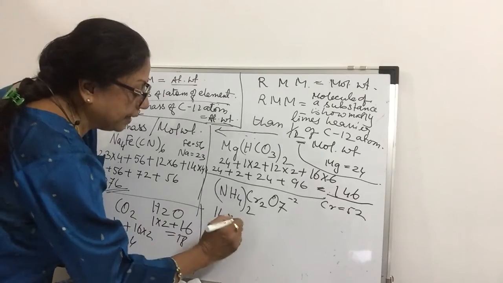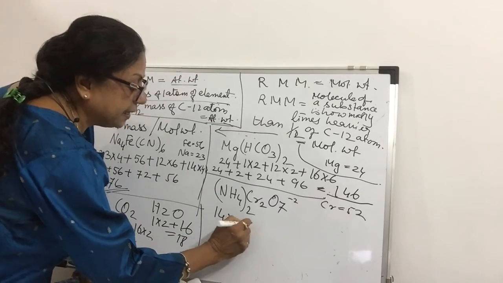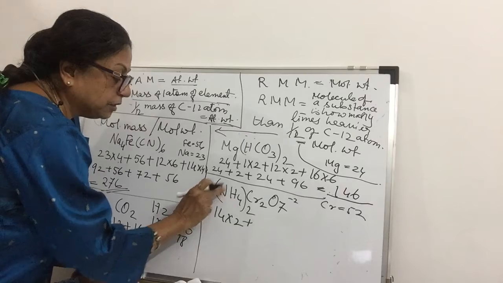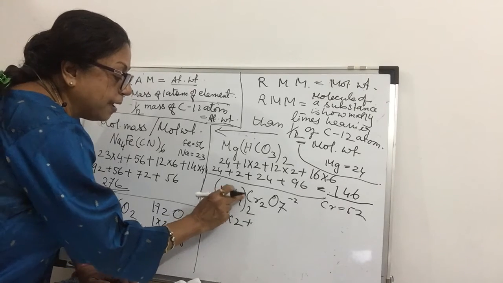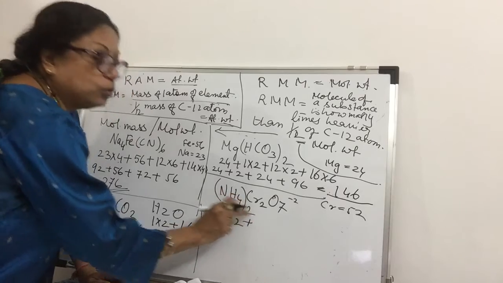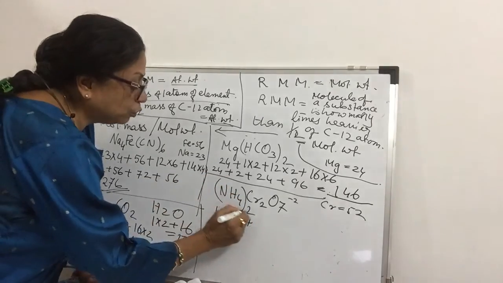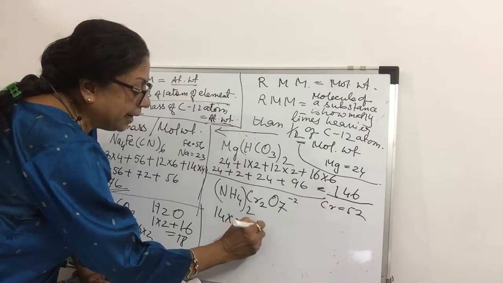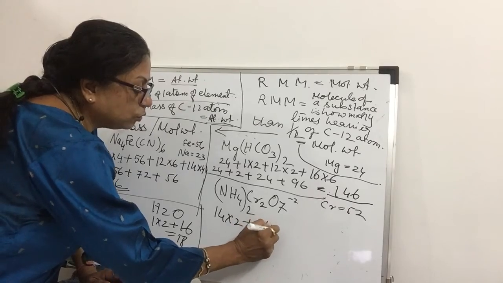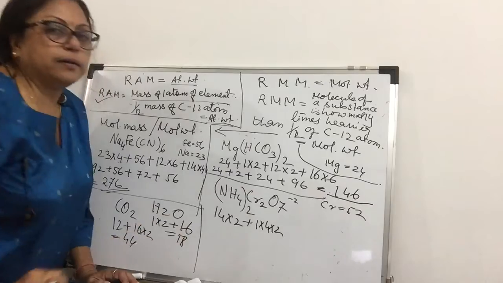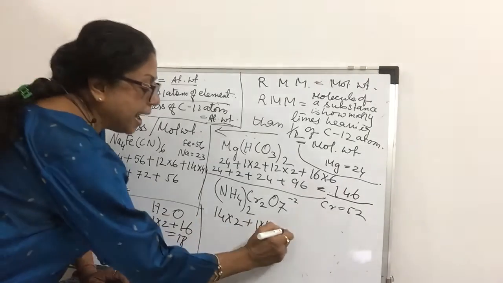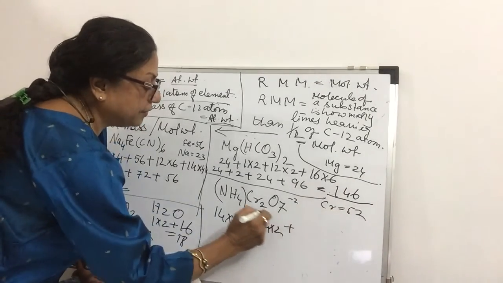Don't worry. Again I am telling you. Here, nitrogen with the whole thing 2, so 14 into 2. But hydrogen is 4 atoms, and the whole thing is 2, so it will be 1 into 4 into 2. Correct? Or you can write together 1 into 8. That is also correct. And chromium is given as 52.